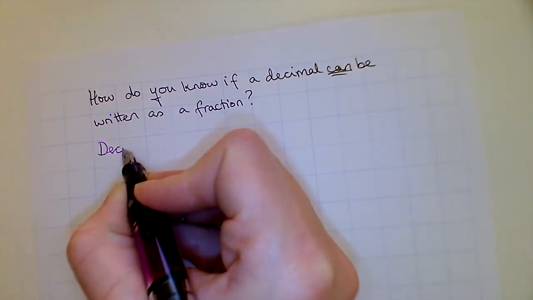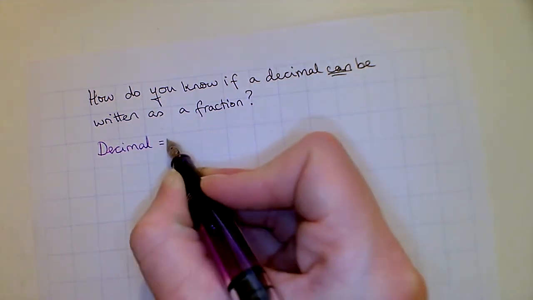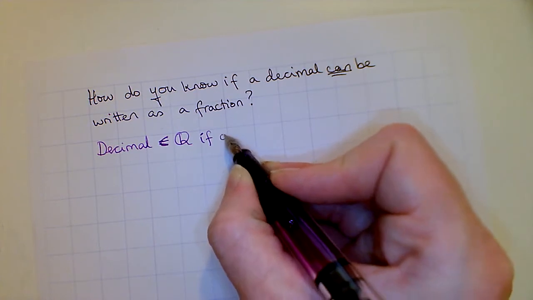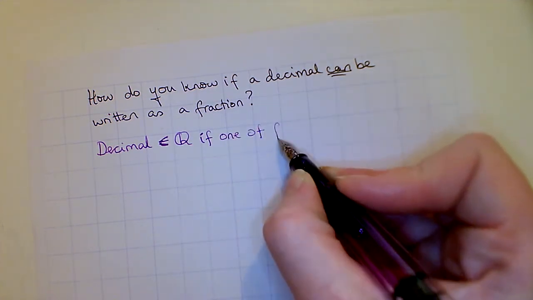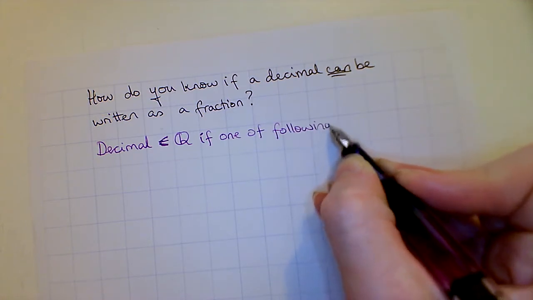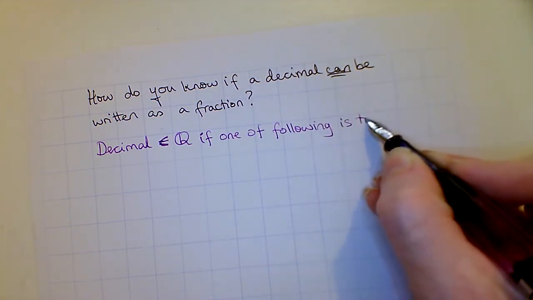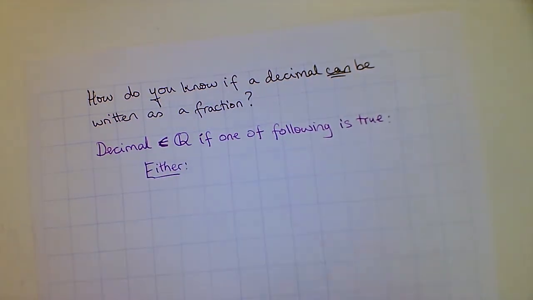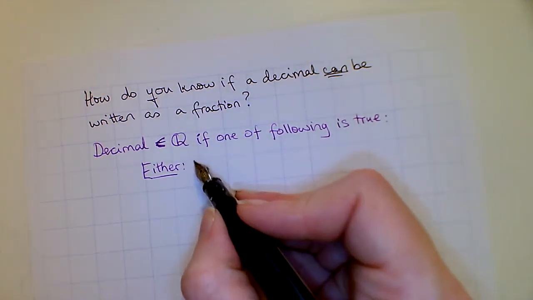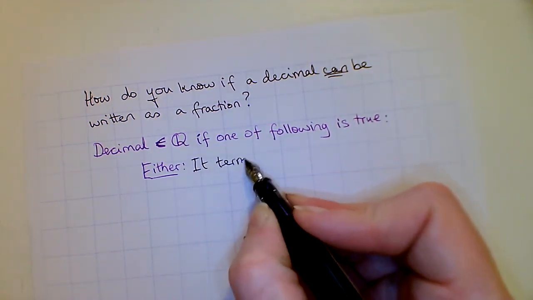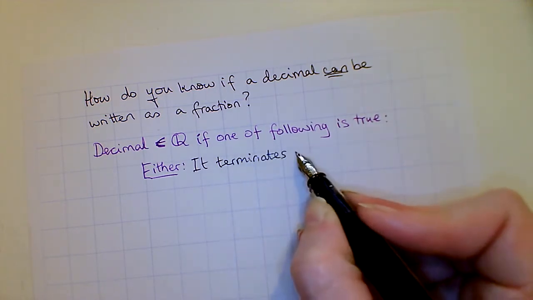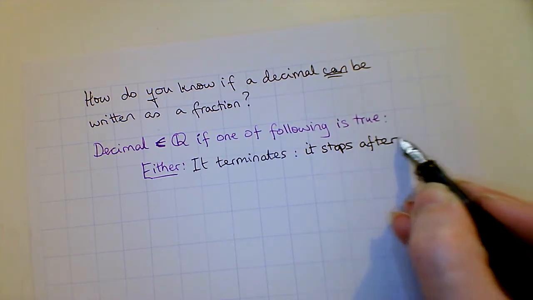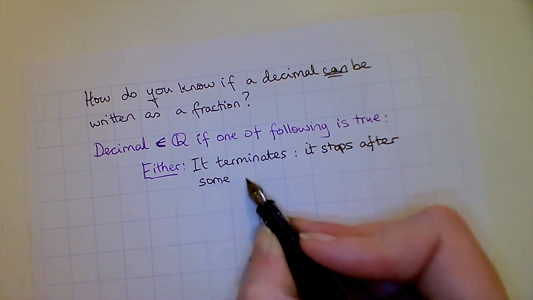A decimal is rational, say it's an element of Q, if one of the following two things is true. Either it terminates. What does that mean? That means it stops after some decimal places.